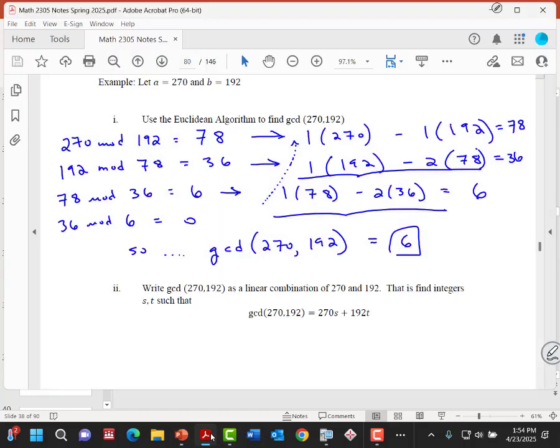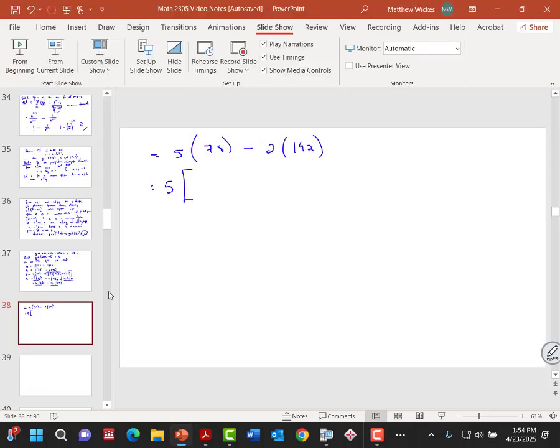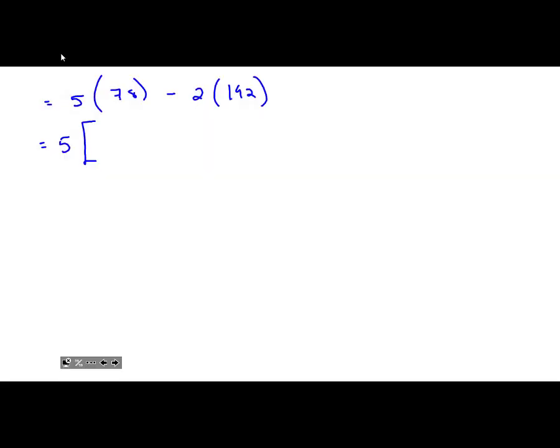If I look back here into the notes, I can write this 78 as 1 copy of 270 minus 1 copy of 192. So let's write that in. So this is 1 copy of 270 minus 1 copy of 192. That's how I can write this 78 minus 2 times 192.